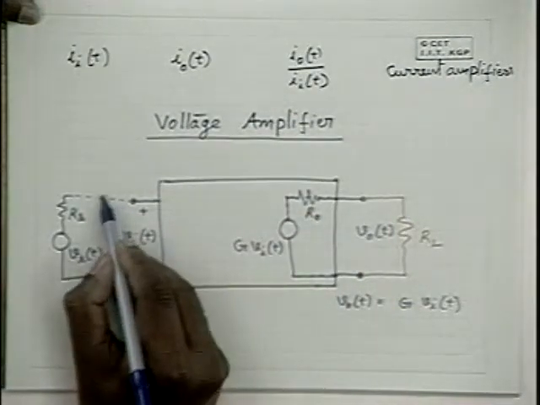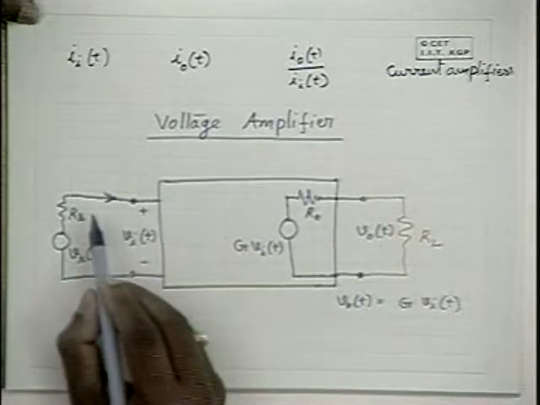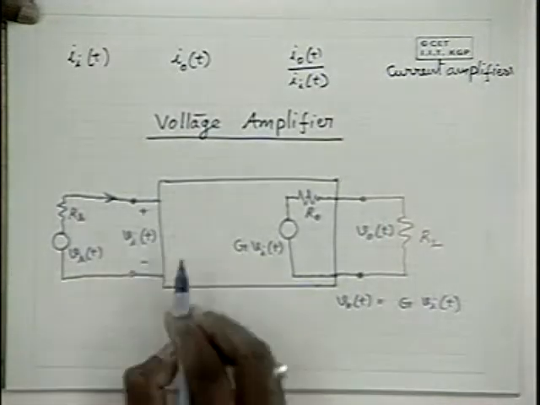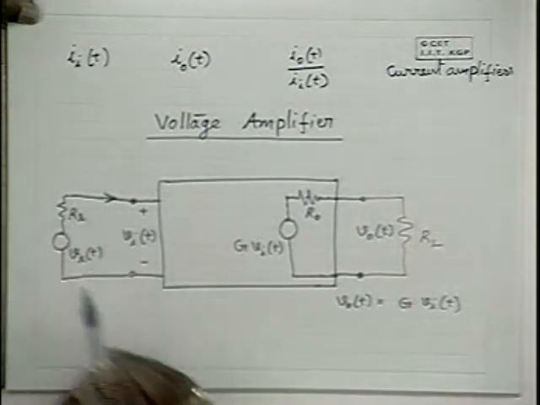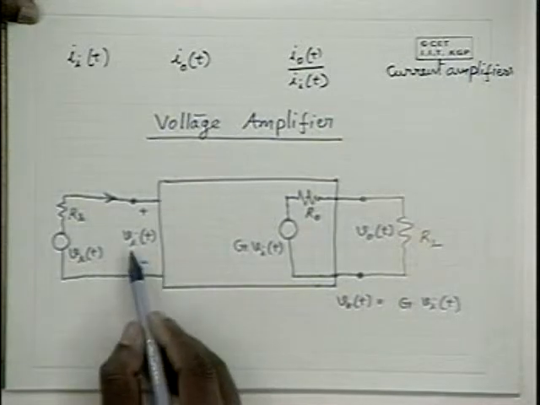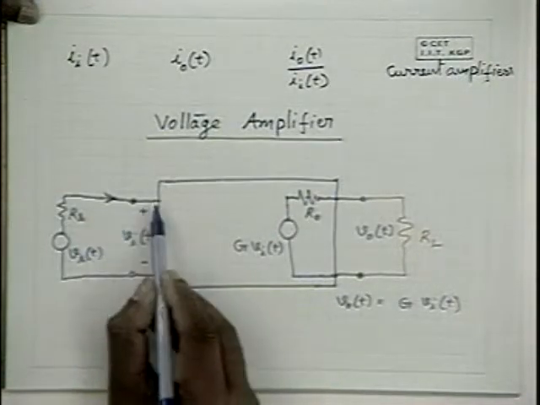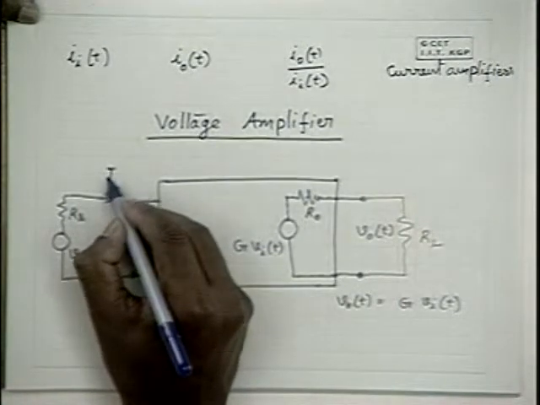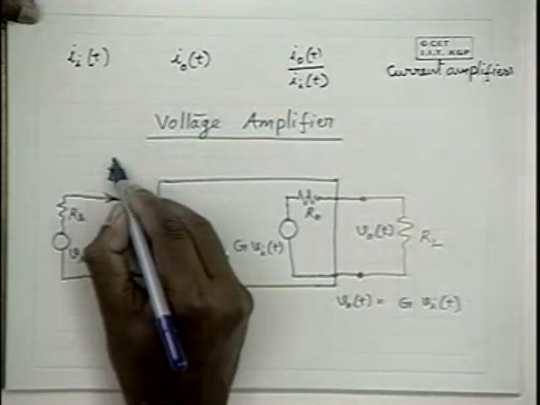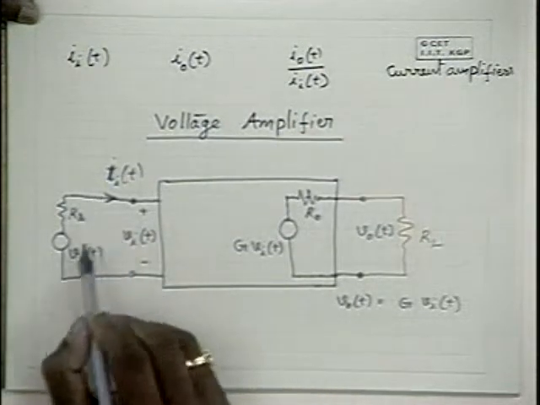That means it draws some current from the voltage source. Because of this current drawing, the voltage V_IT is going to be smaller than V_ST because of the equivalent series resistance. How much does it drop from V_ST? It depends on how much current is drawn from the source, and that depends on how much the amplifier loads the source.